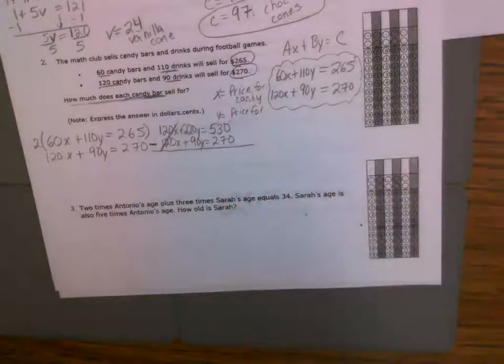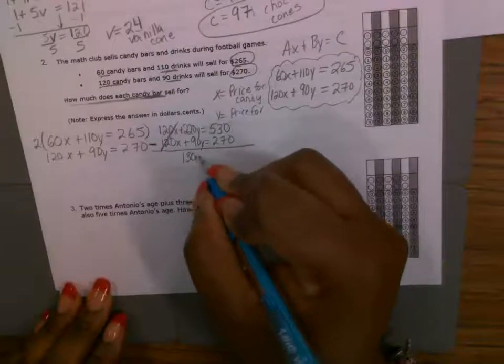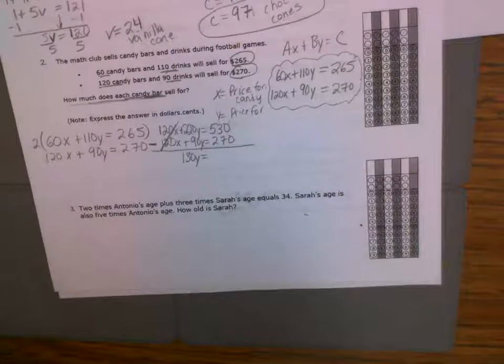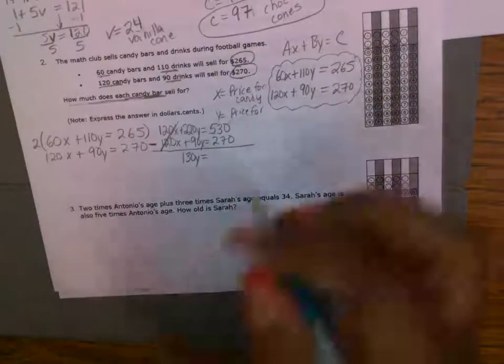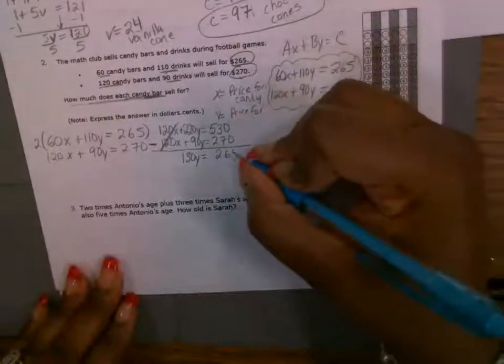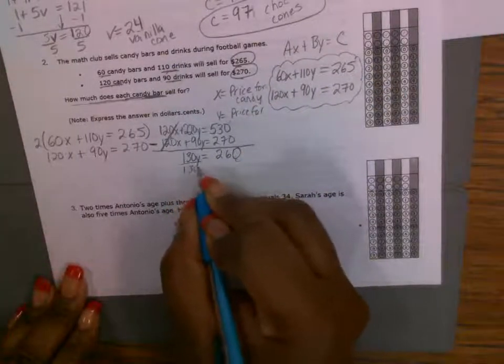When you subtract that 220 minus the 90, that's going to give you 130y. Okay. And when you subtract the 530 minus the 270, this is 260. So now you can solve for y by dividing by 130 on both sides.